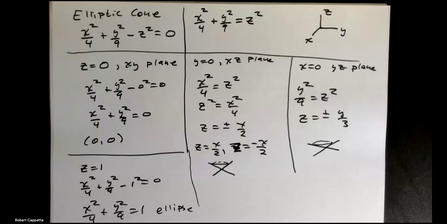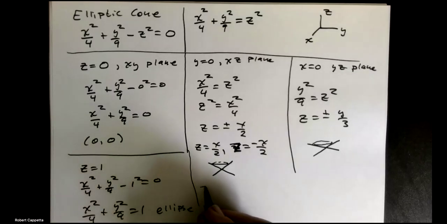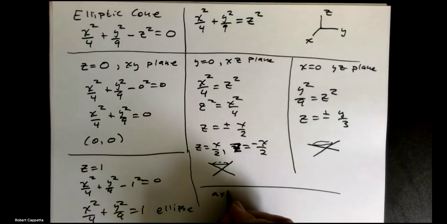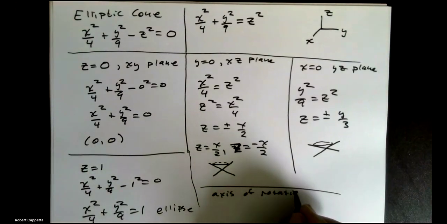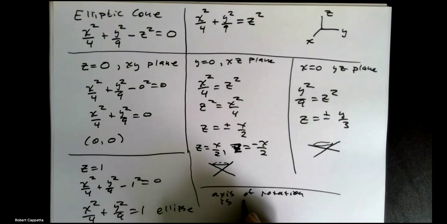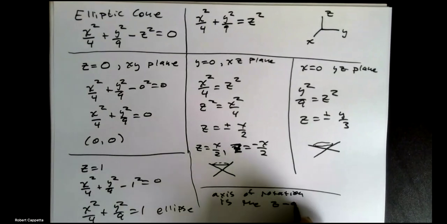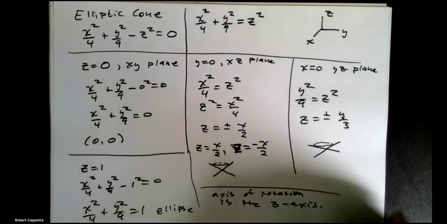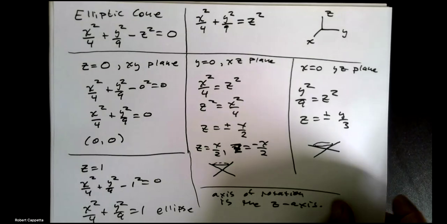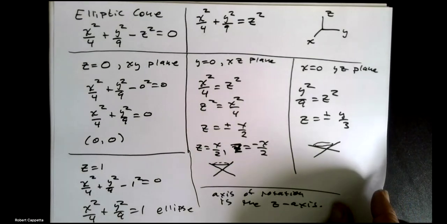So let's call that the axis of rotation is the z-axis. So what would have to change for us to move from an axis of rotation as the z-axis to an axis, let's say, would be the x-axis or possibly the y-axis?